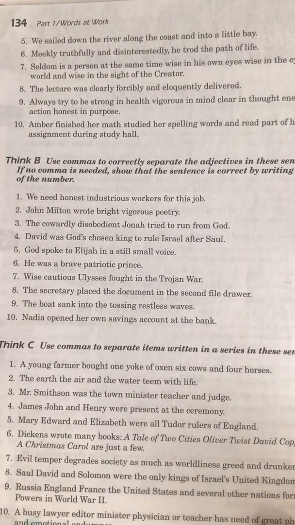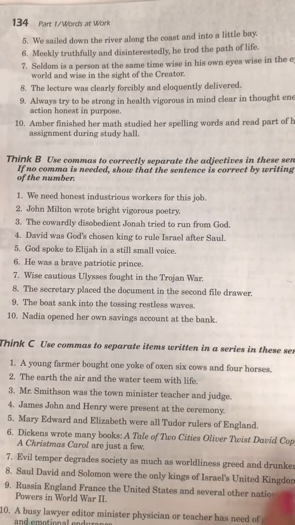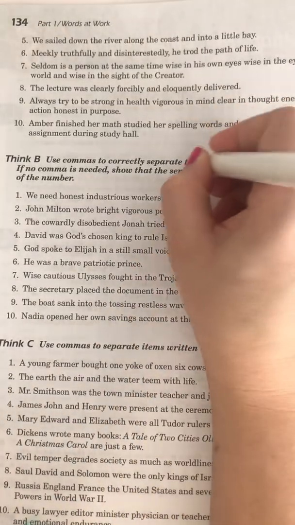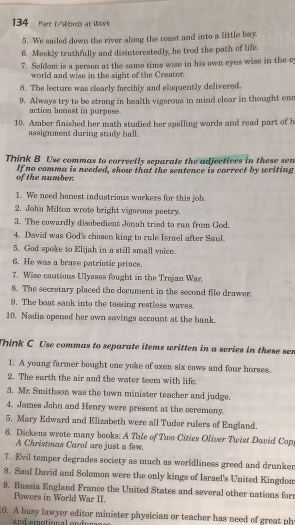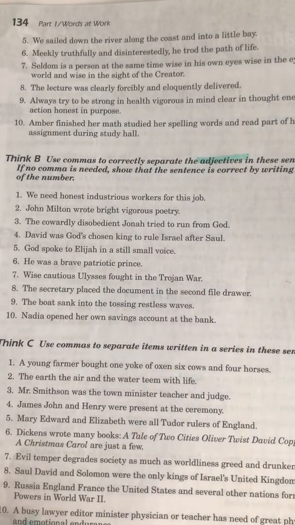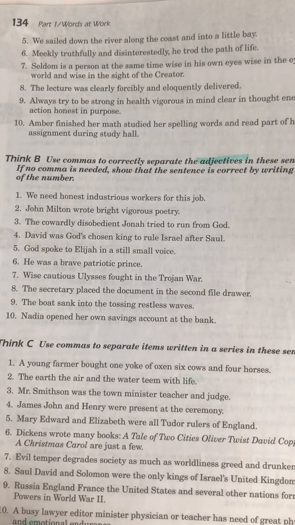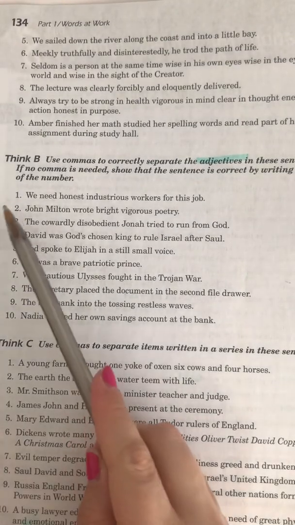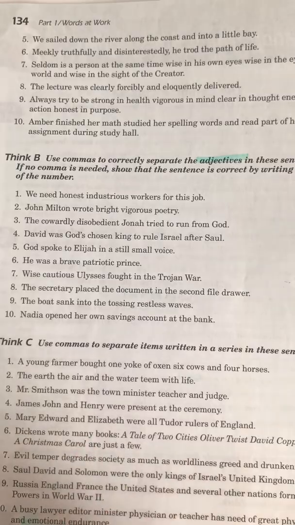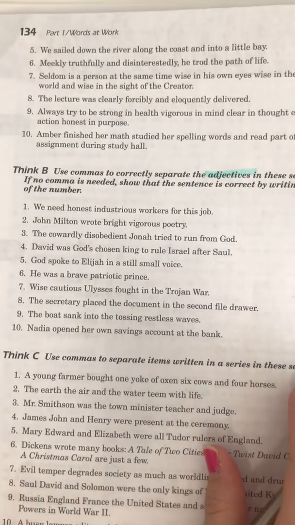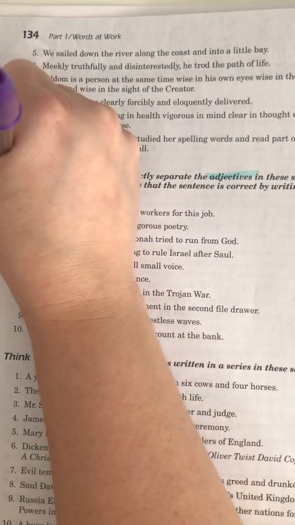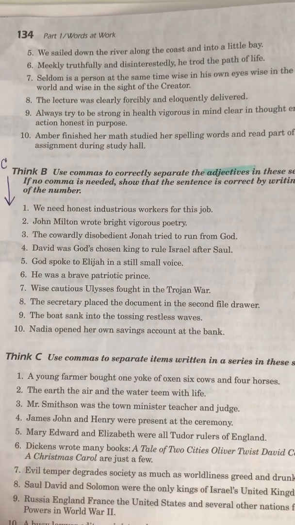Then here for Think B, you're going to use commas to correctly separate the adjectives in the sentence. So remember, your adjectives are your describing words. And then if no comma is needed, show that the sentence is correct by writing a C in front of the number. I'm not going to do that because I don't want to do number 1 first and then put a C. But if you notice that the sentence is correct, right here next to these numbers, you're going to write the letter C. And that means that you did not need a comma.